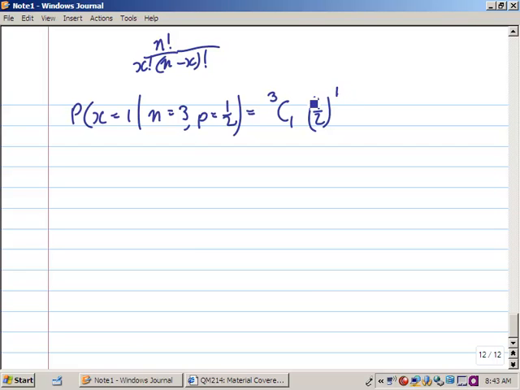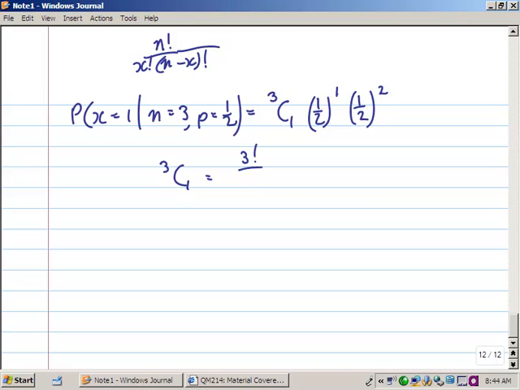Right, so it's the probability of getting one head, and then we have 1 minus p, the probability of getting a tail, and we get 2 tails, so square that.